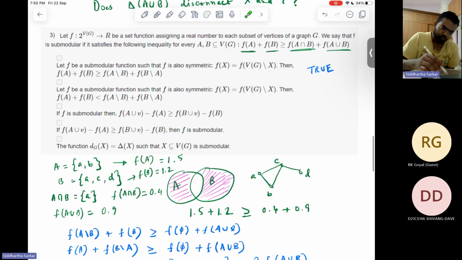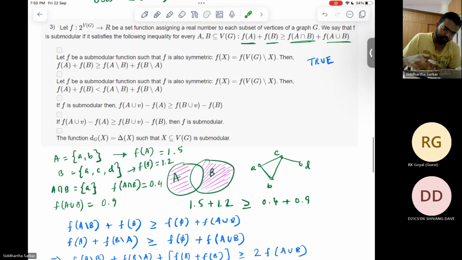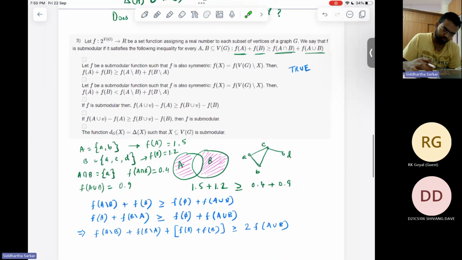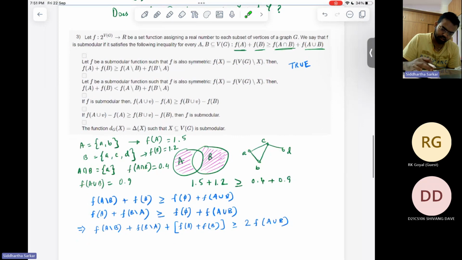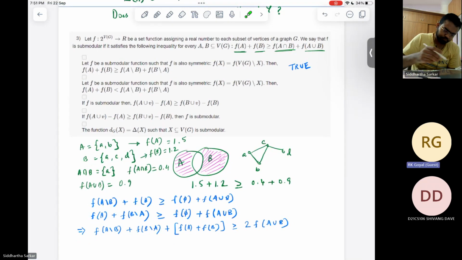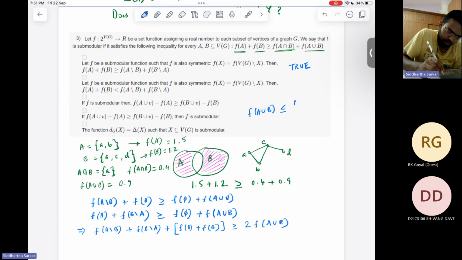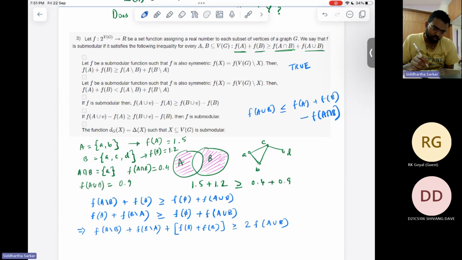If a union b can be bounded from above by f of a plus f of b minus f of a intersection b, from the original equation.